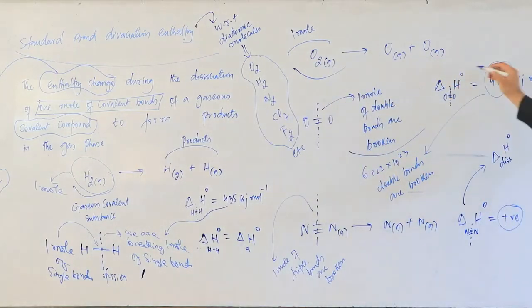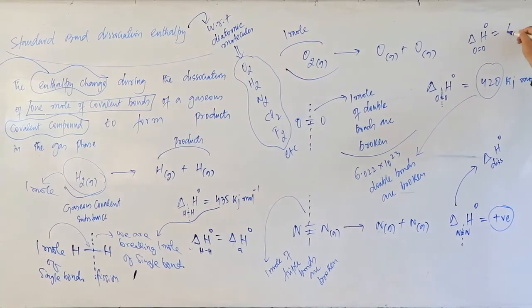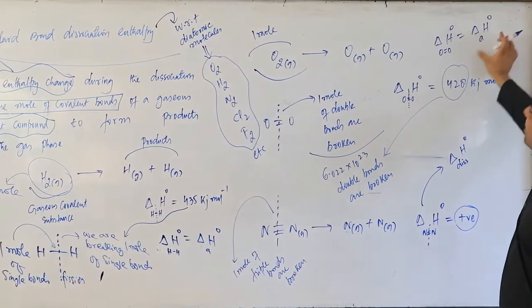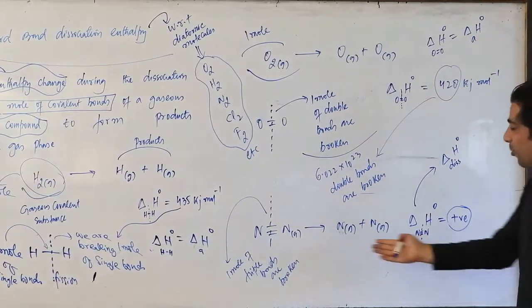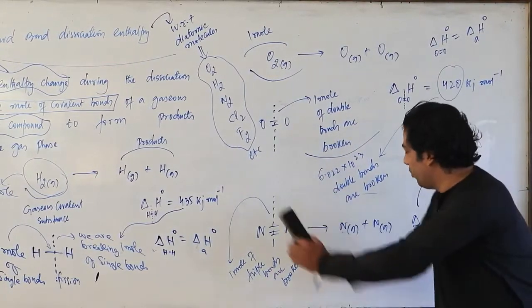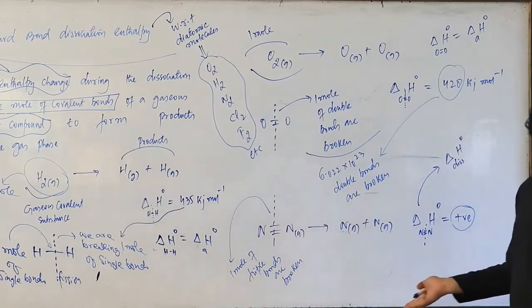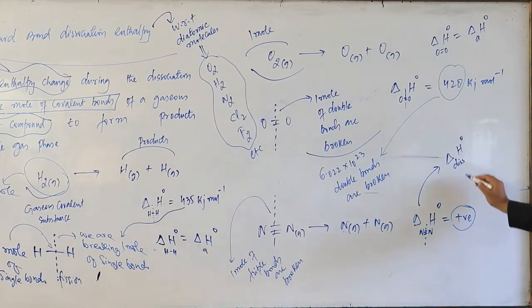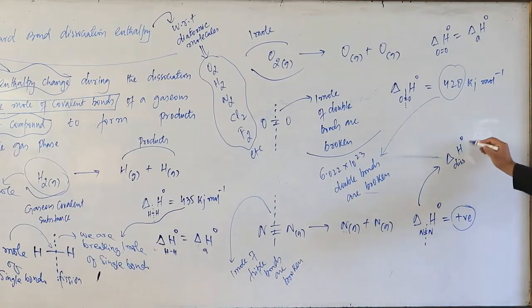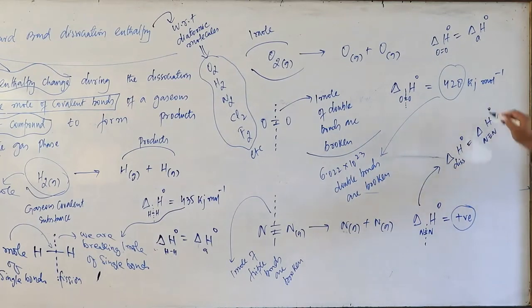So this delta H O double bond O naught is equal to delta H A naught. That is atomization. Here also you are converting a particular molecule into atoms, and that is the definition of atomization also. So here also delta H dissociation you can call it as delta H N triple bond N naught, or you can call it as delta H A naught.